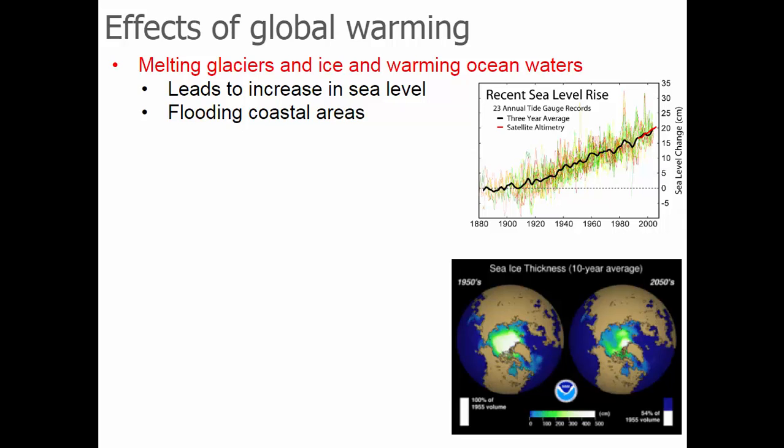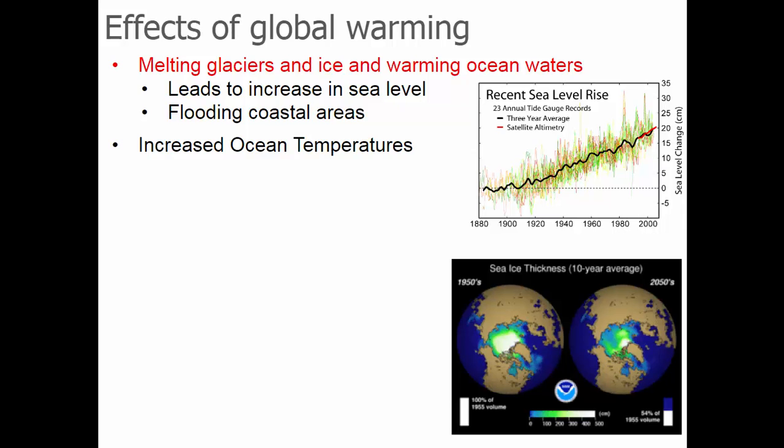Throughout the world, people build on the coast. They're great for food sources, they're good for transportation, and so people live near the coast. But as sea level rises, those areas get flooded. Many island nations are extremely concerned. Low-lying island nations, Indonesia, for example, has a huge population of people on a series of small islands. Those islands are under great danger through this rising sea level.